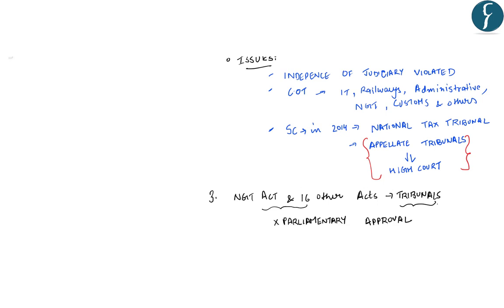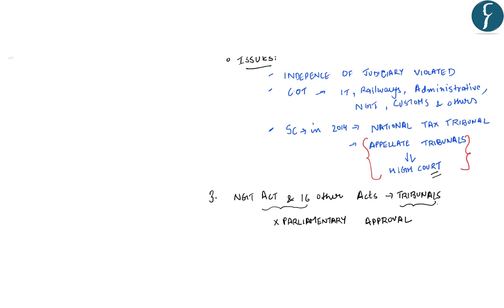Now, this is worrying because in all these tribunals, as the government is a party and the ultimate controlling power with respect to the appointment and qualification and removal is now with the government, it violates the independence of judiciary completely and interferes in the independent functioning of tribunals, which according to Supreme Court are equivalent to high courts.